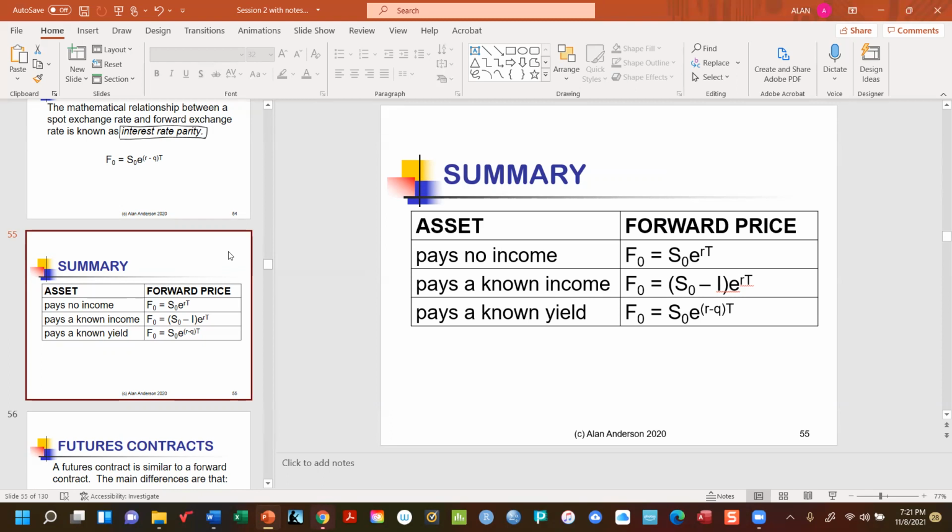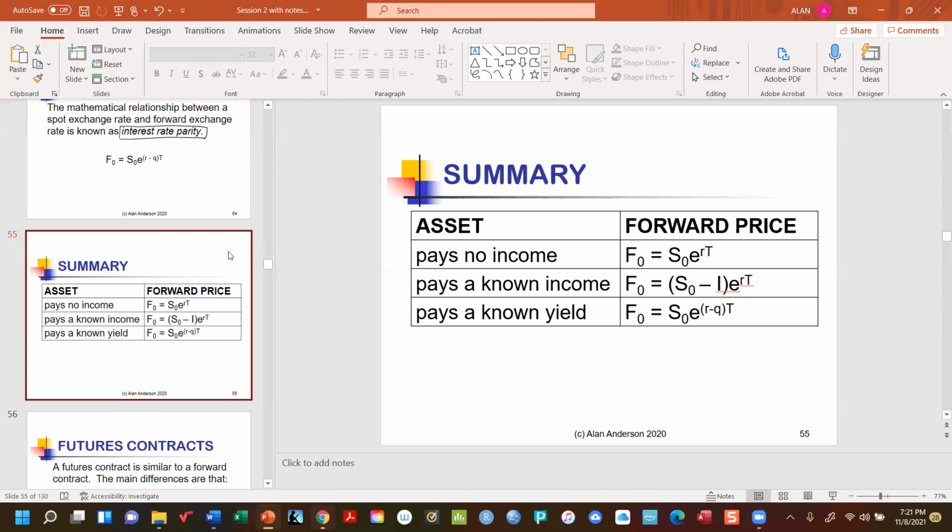All right, so that's that. Now, what we're going to do next is revisit futures contracts, which, as you recall, are very closely related to forward contracts. Yes, they are, but there are some important institutional differences. And that drives a wedge between forward prices and futures prices. They aren't necessarily equal to each other, although the differences can be very, very small.